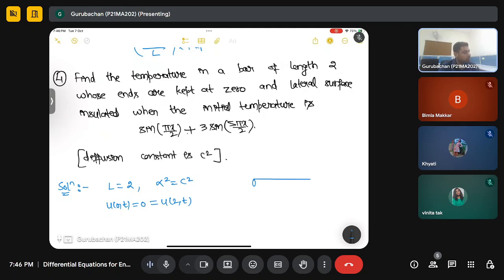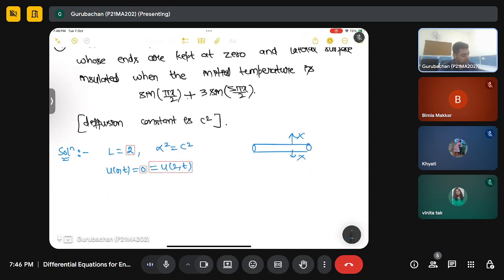Since it is laterally insulated, there is no heat transfer in the vertical direction.